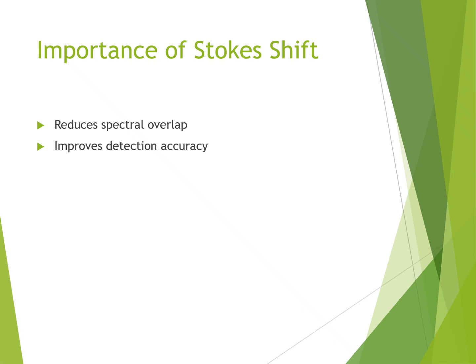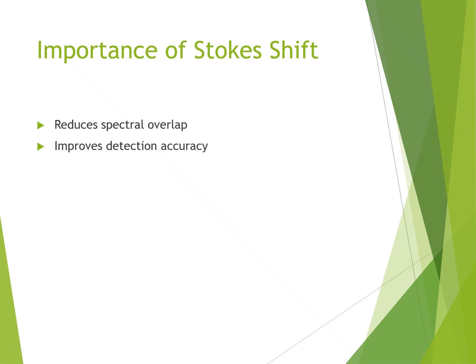Now we will discuss the importance of Stokes shift. A large Stokes shift reduces overlap between the excitation and emission light, as there will be a large difference in wavelengths. This improves sensitivity and reduces background interference.